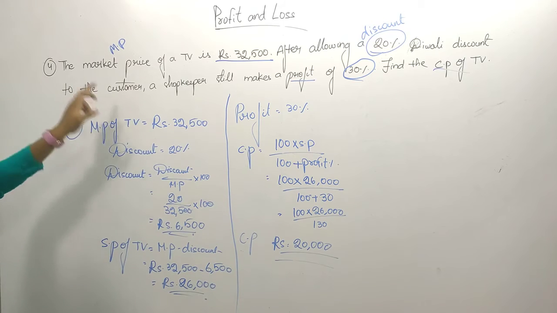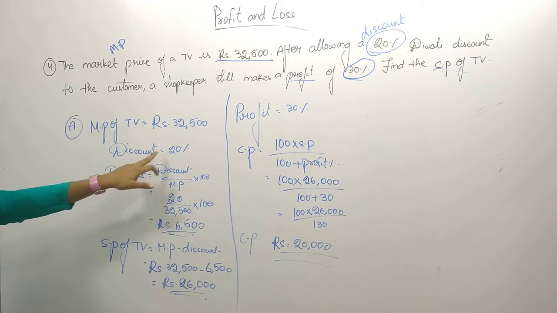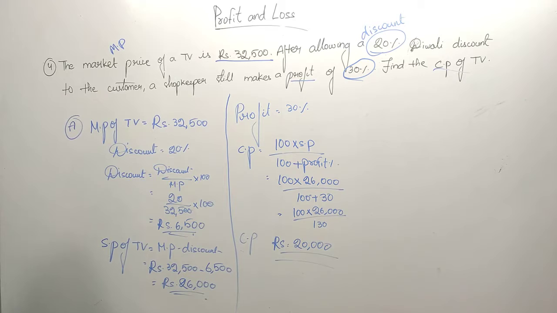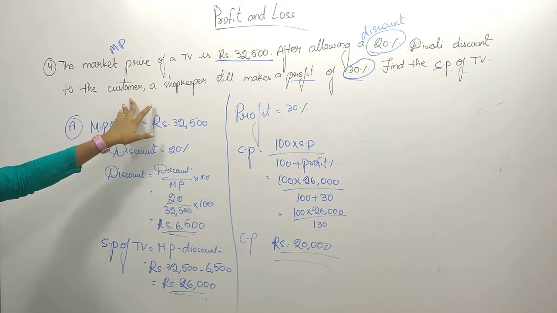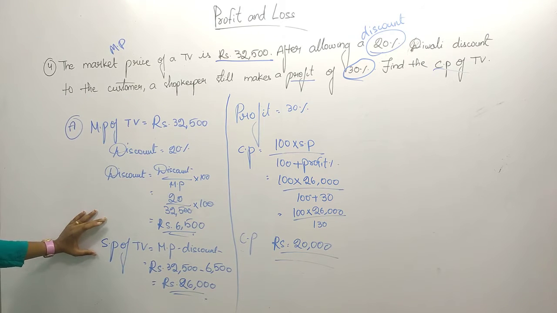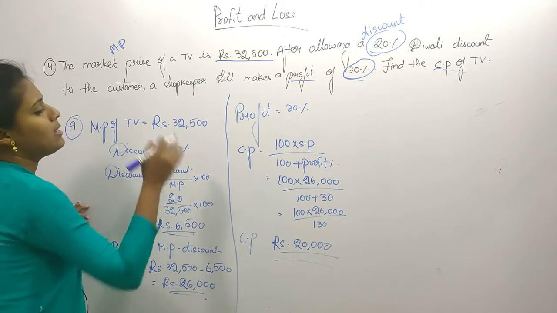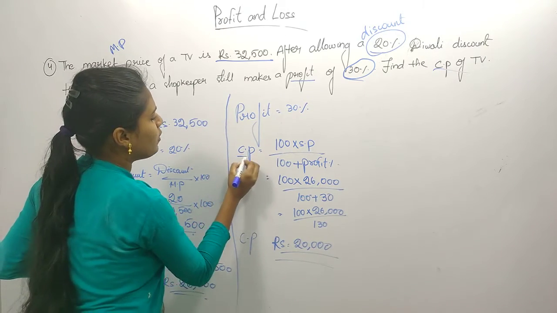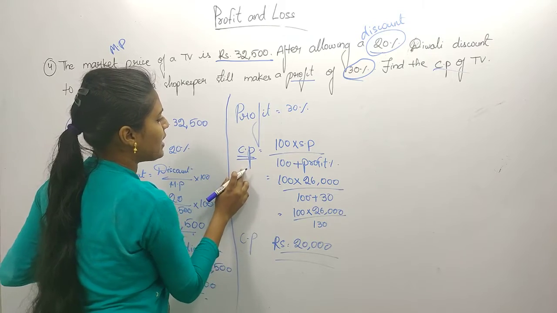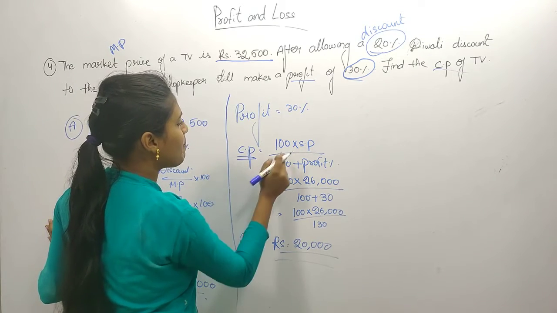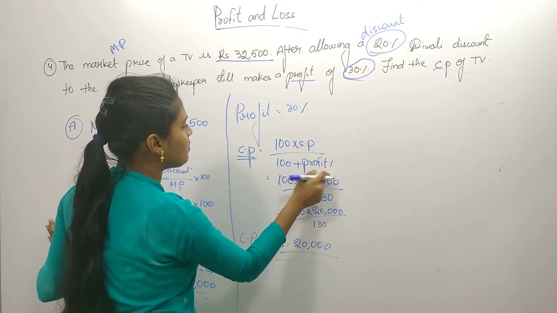Once again I am explaining. See, the market price is given, we wrote the market price, discount is also given. Why do you have to find the selling price first? Before finding the cost price, what is the cost price formula? 100 into selling price by 100 plus profit percent.